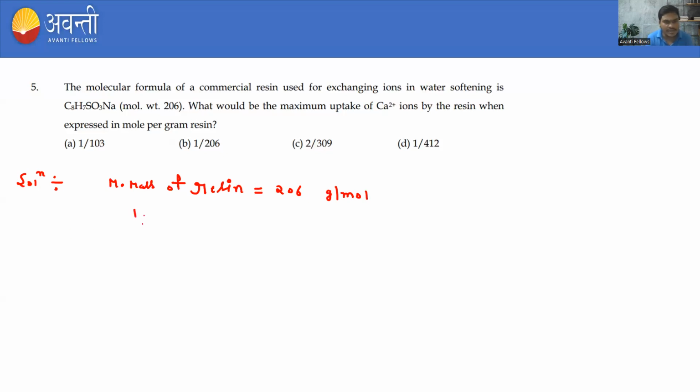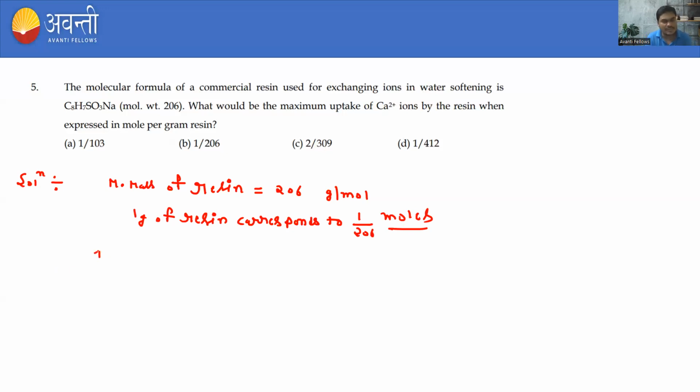Now, 1 gram of resin corresponds to 1 divided by 206 moles. So molecular mass is given, so if you want to calculate the mole for 1 gram, mole is equal to mass upon molecular mass, so 1 upon 206 mole.